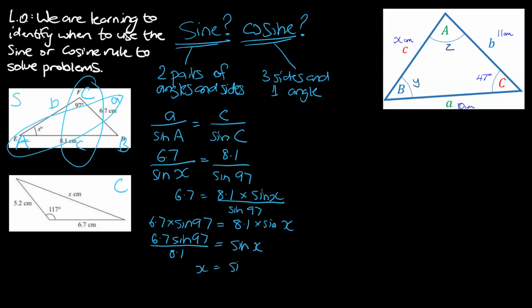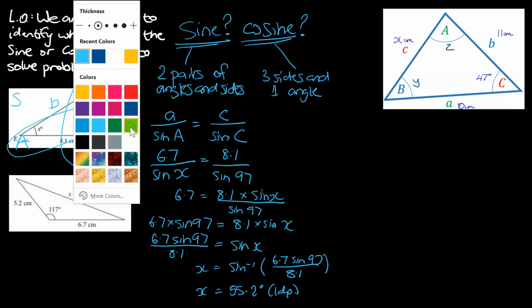X will be equal to sine inverse of all of that on the other side, so 6.7 times sine 97 divided by 8.1. When you put that in your graphics calculator, you should get 5.2 degrees, rounded to 1 decimal point. And that there would be our value for angle X.